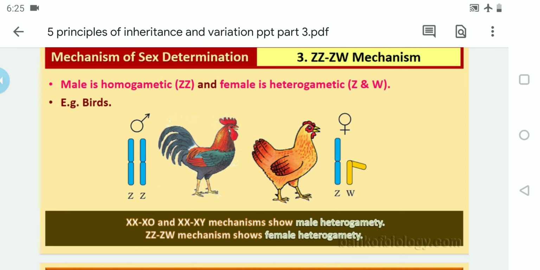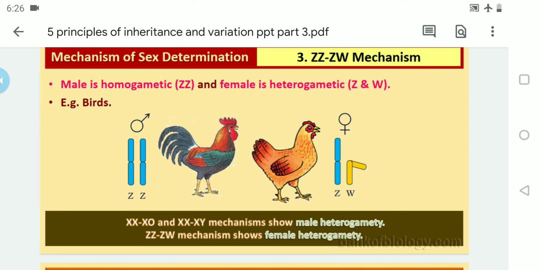So what is the sex? Yes, male. And as I said, another possibility, yes, if 38 autosomes plus Z fuses with 38 autosomes plus W, you can write down 76 AA plus ZW. That is the female. Okay.